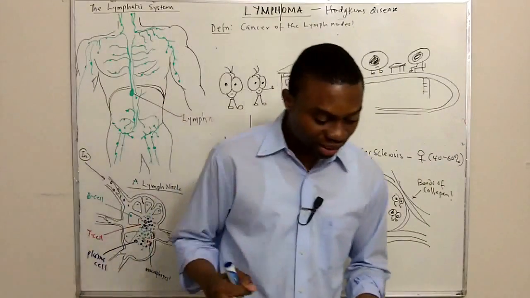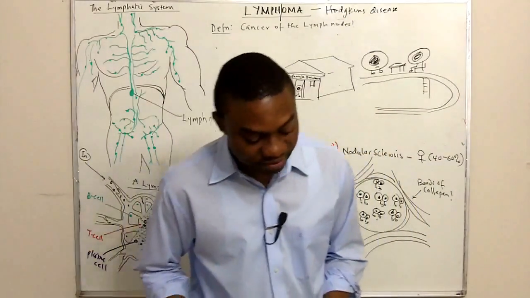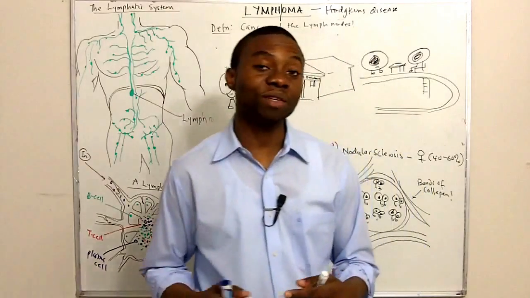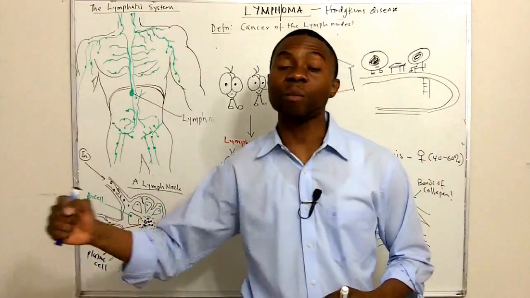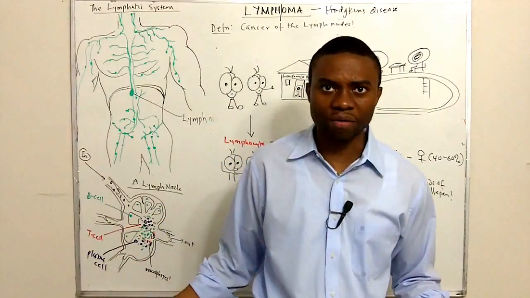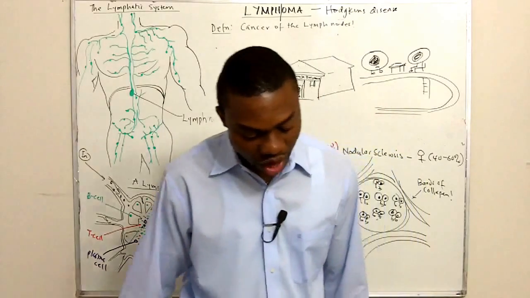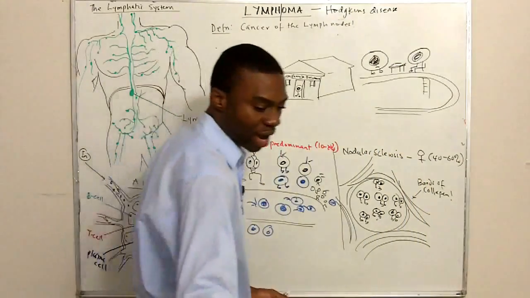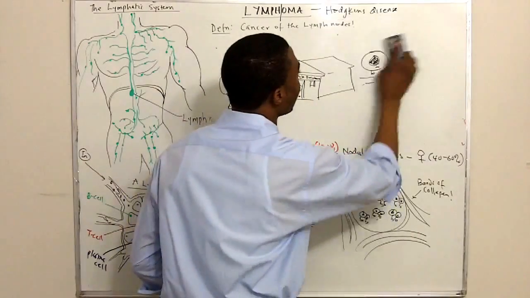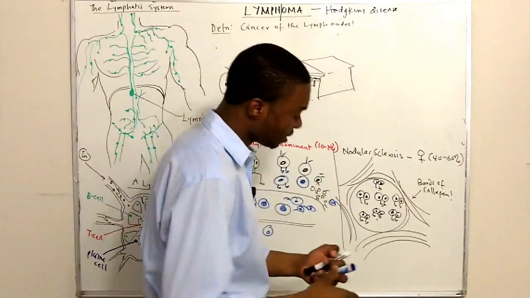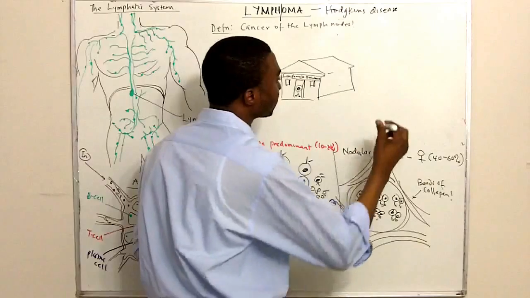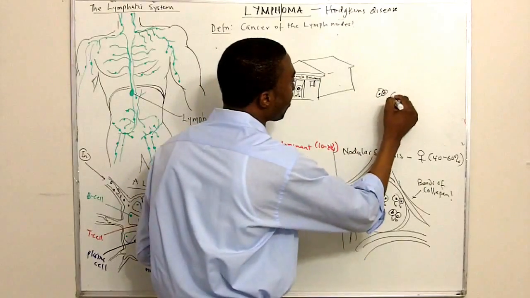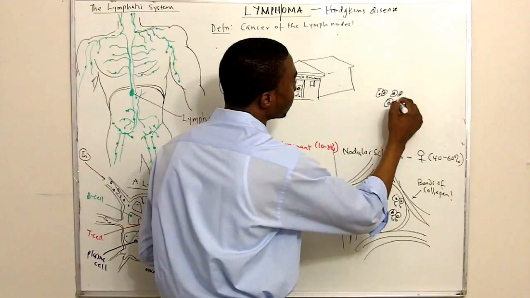So the third type, all of a sudden, the Reed-Sternberg cells had to have a good time. They were opening the doors for more of their friends. Apparently, there were a lot of them, and all of a sudden, there were large numbers of Reed-Sternberg cells in a pleomorphic background. So before we know it, the party looks like this. There's tons of them all around.